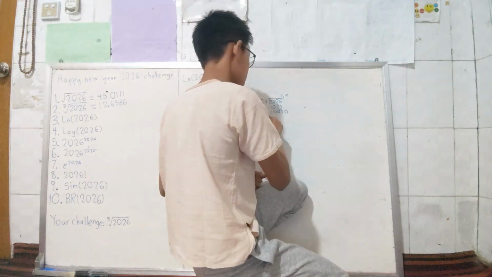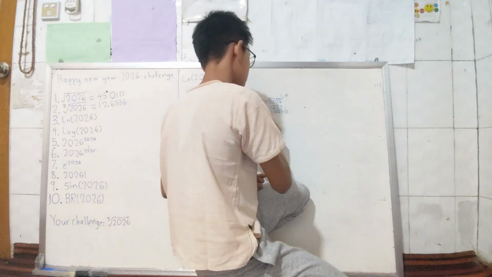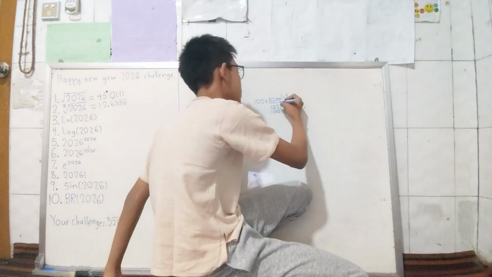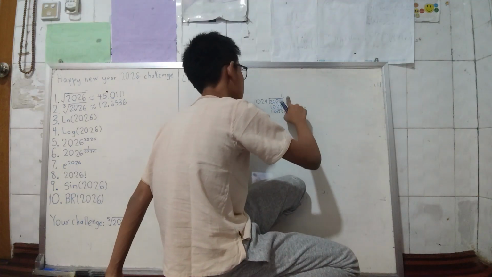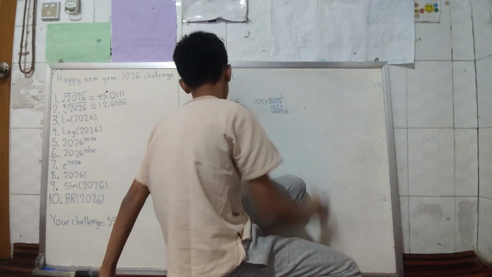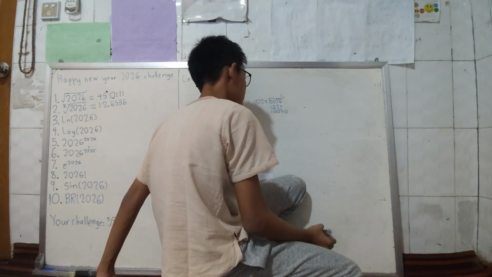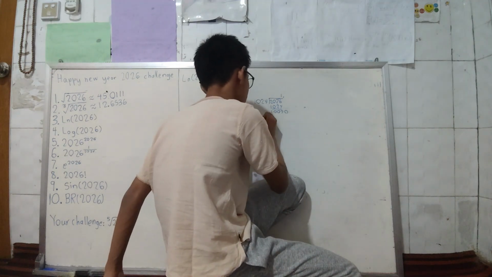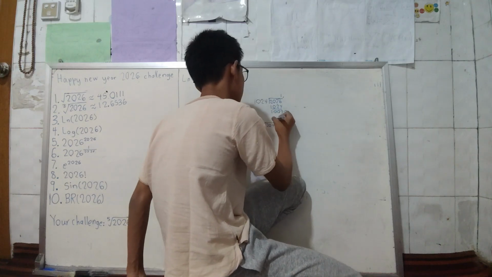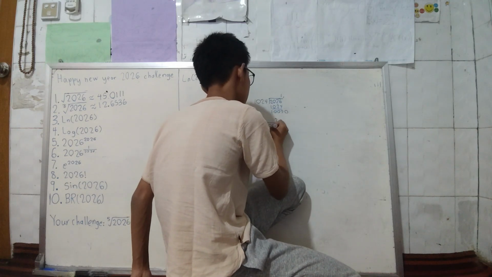No, I don't think so. Let me check for a bit. So 1024. If we divide by 1002 for 2048, that's going to be 2048.